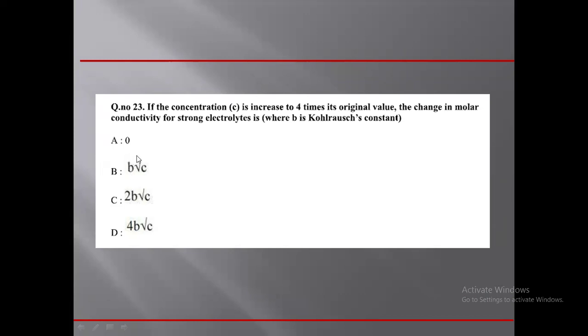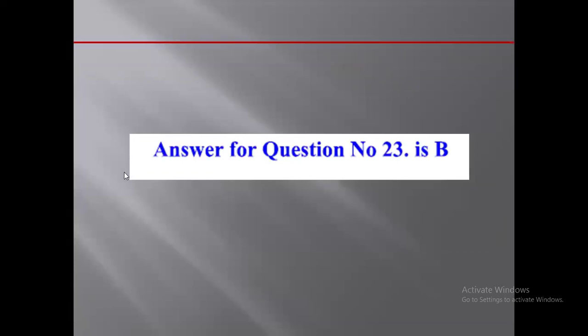And here in this question, B is the K constant. So in a strong electrolyte, if you increase the concentration, ions also increase. So option number B is correct.